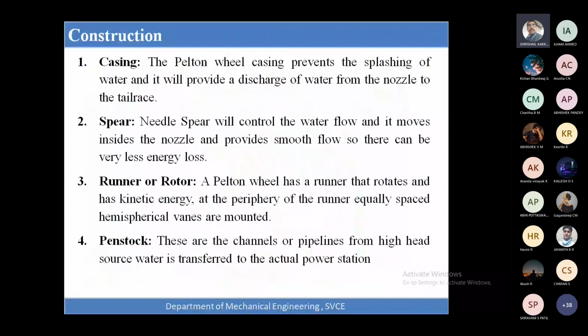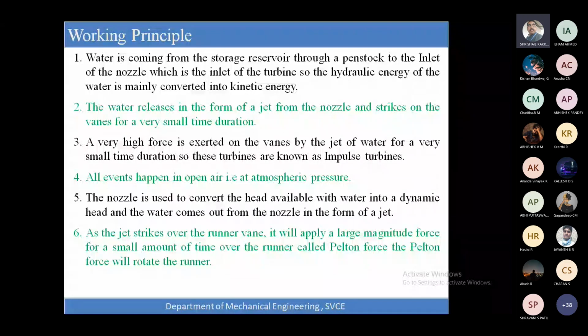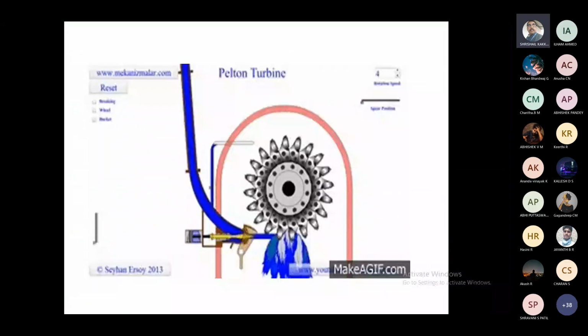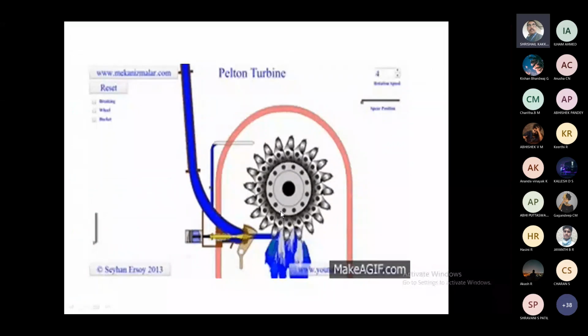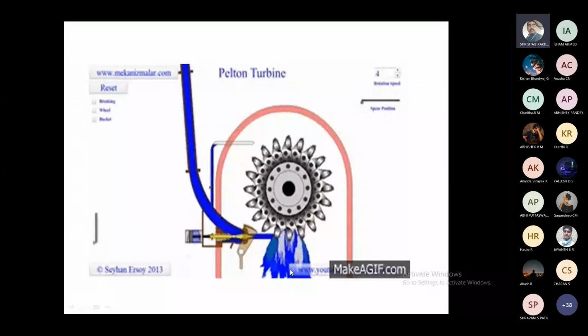This is what I have explained here: the casing, a spear, runner or a rotor, and the penstock. Penstock I have not shown here. A penstock is open, you can see here. This will be called a penstock. So water, after performing, is impinging on the buckets, and will be flowing down through this penstock at low velocity. At low velocity, it will be flowing out.